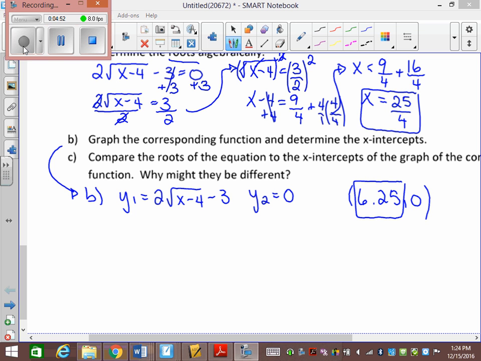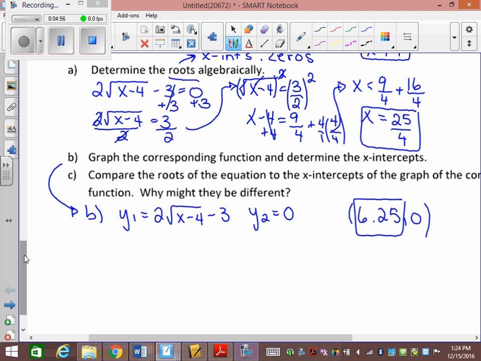Now, could I do this instead? The original equation is 2 root x minus 4 minus 3 equals 0. Could I add that 3 over and go 2 root x minus 4 equals 3, and then go y1, y2, find out where they intersect? Try it out. All I did was I moved the 3 over. Now go y1, y2, second trace 5. Enter, enter, enter.